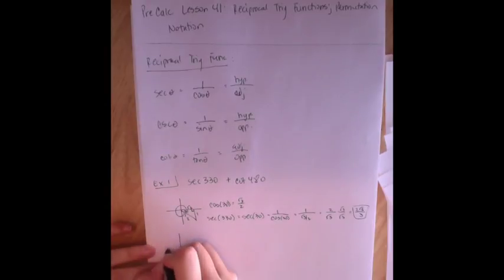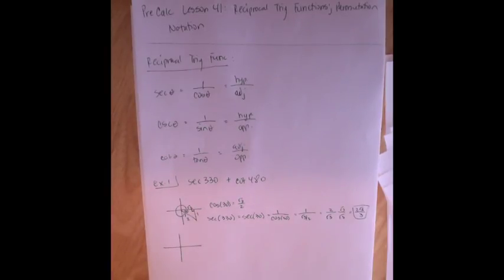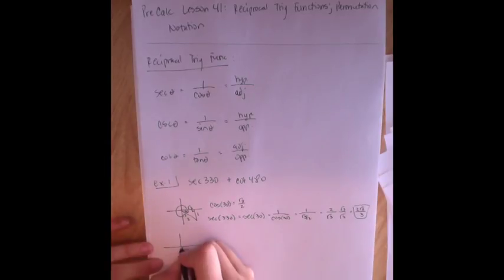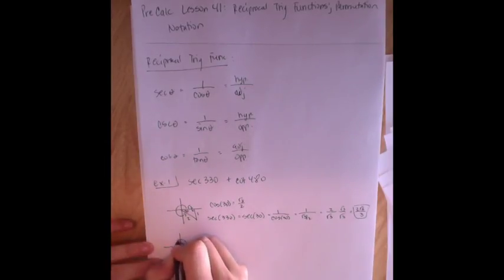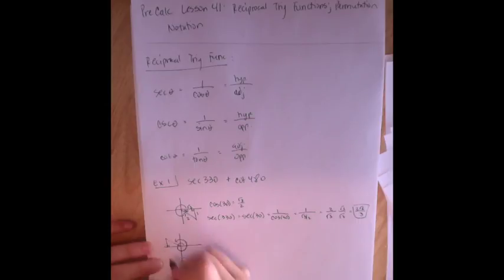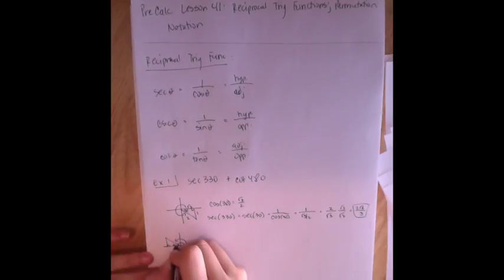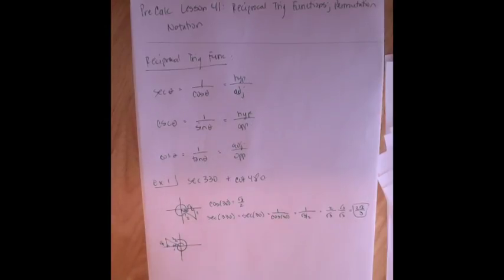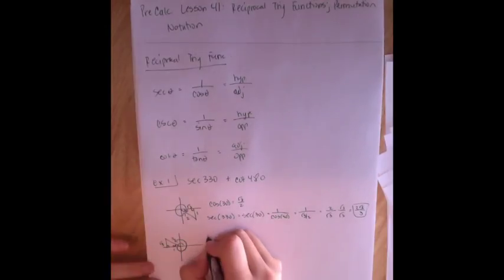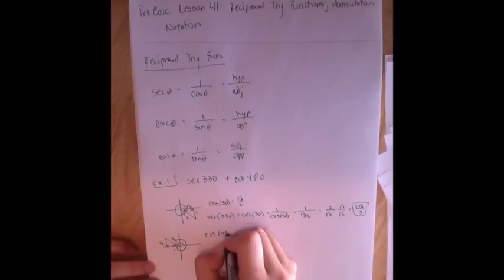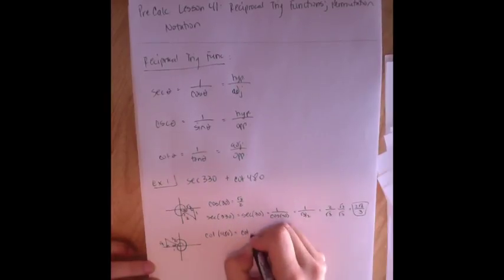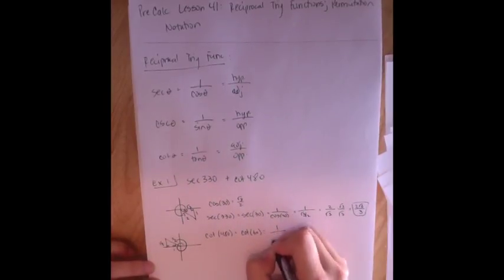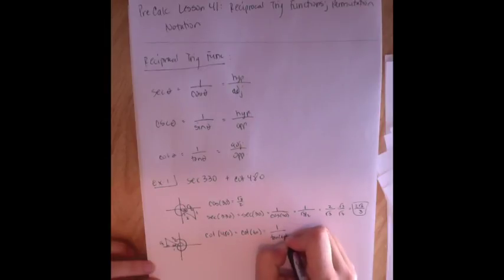Now I need to do the cotangent of 480. So 480, we go all the way past 360. We go all the way over here. We have 60. Again, this is our 30, 60, 90 triangle. So the cotangent of 480 is the same thing as the cotangent of 60, which is 1 over the tangent of 60.